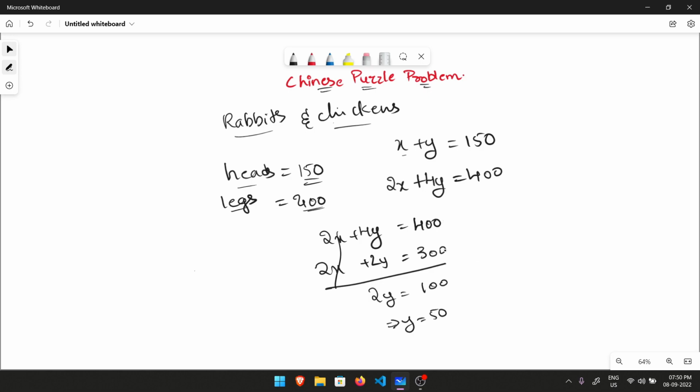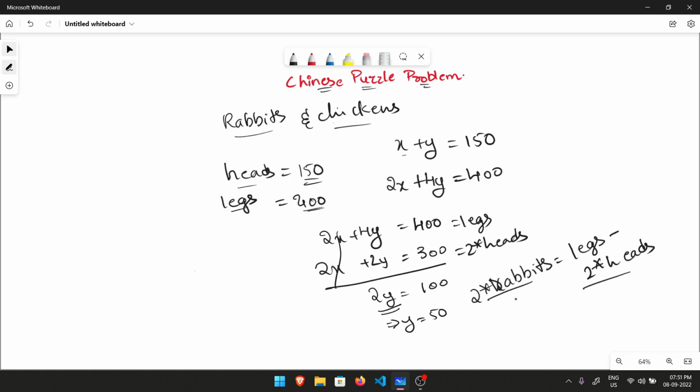So let's check what all these are. This is the total number of legs, and this is 2 times the number of heads. Now this is 2 times the number of rabbits. So the formula goes like this: 2 times the number of rabbits equals legs minus 2 times the number of heads.